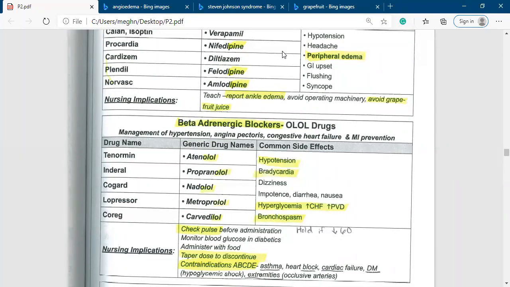If it is a heart failure patient, we never give, right? Or any kind of peripheral vascular disease like occlusive arteries, Buerger disease, Raynaud phenomenon, we never ever give the beta blockers. Okay.